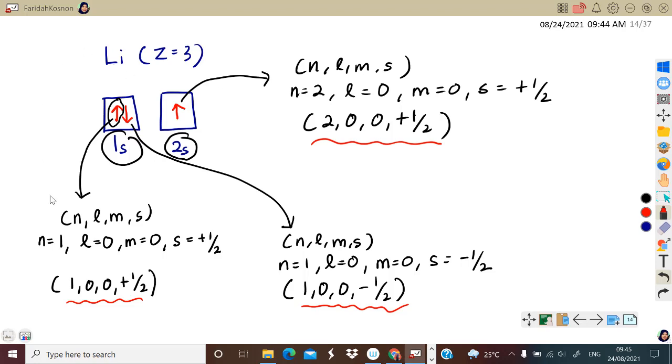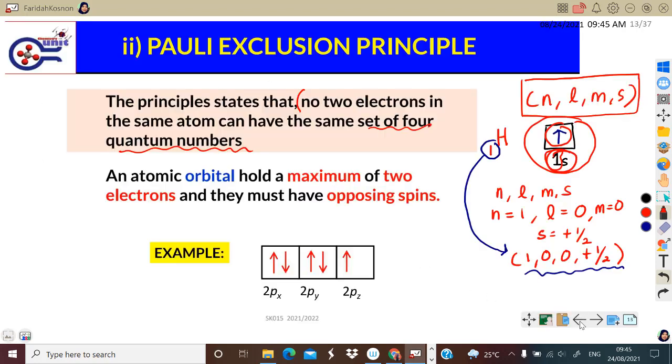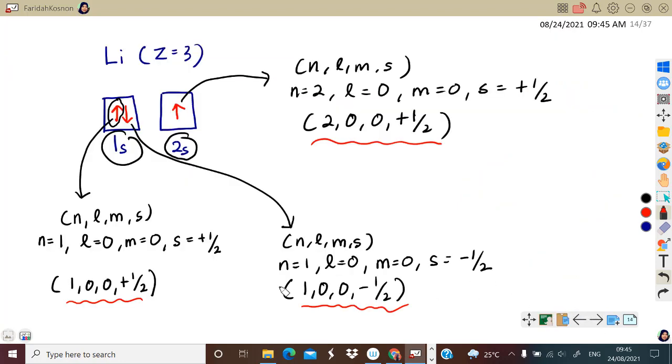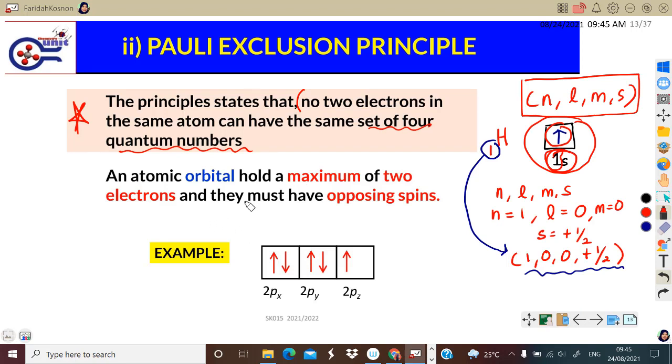In the lithium atom. So going back to the Pauli exclusion principle, this is what was stated earlier. Or in other words, we can say an atomic orbital holds a maximum of 2 electrons that must have opposing spin. Why? Each electron in the same atom does not have the same set of quantum numbers because the electrons that occupy each orbital must have opposing spins.